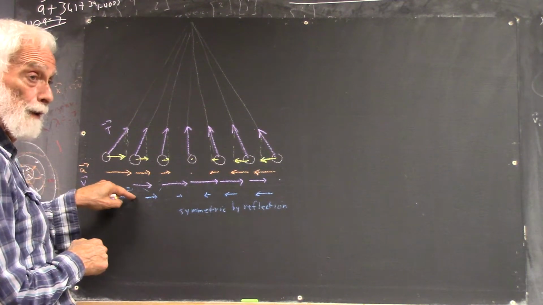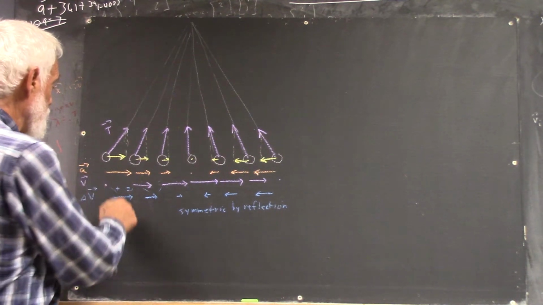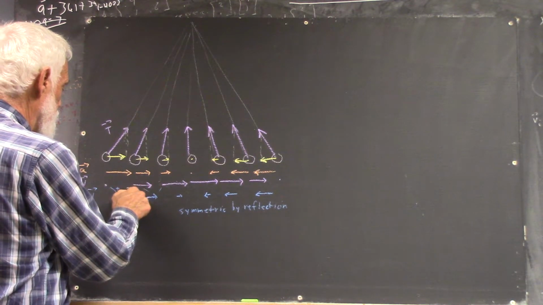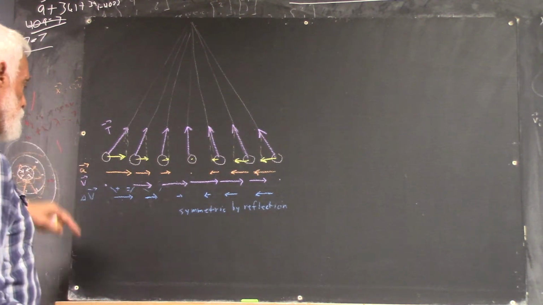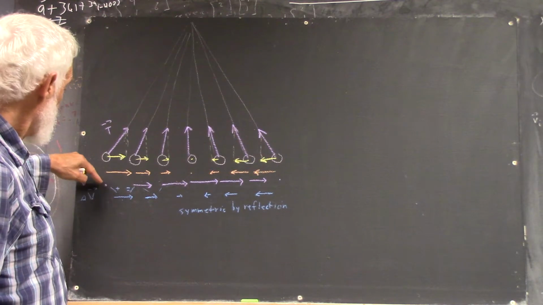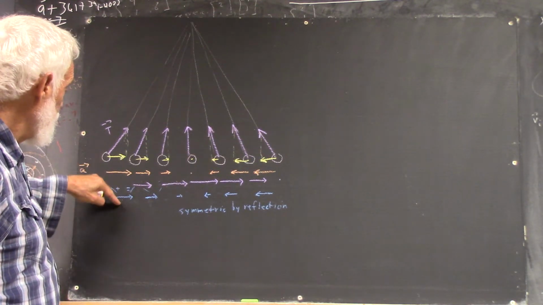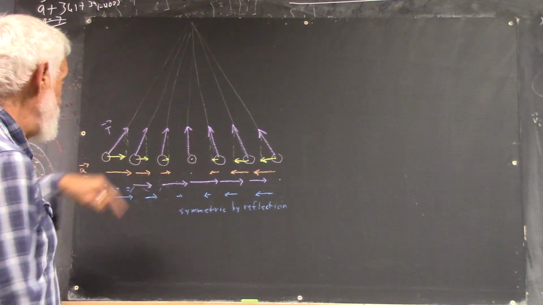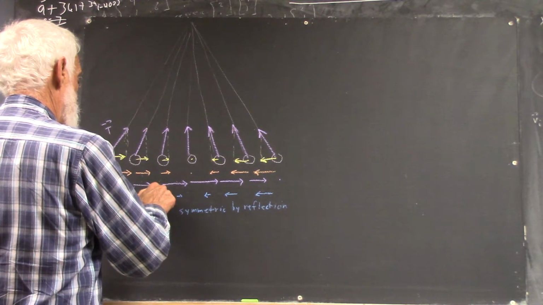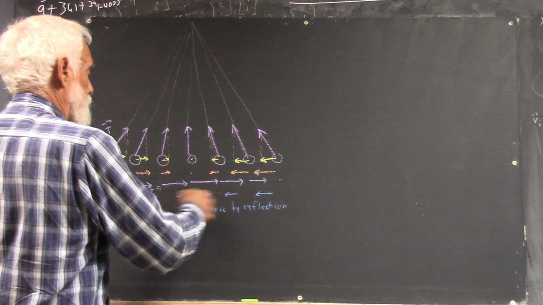Understand what the plus and equal mean? I've got a little line running from here to here, and then a little line running from here to here. I don't want to put an arrow on it because it'll look like a vector then. But this plus this equals this, and this plus this equals this, etc. Right?